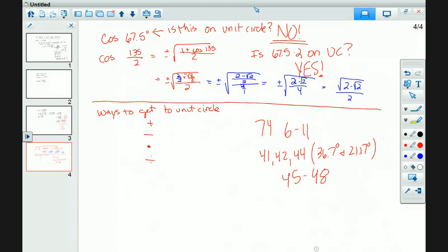So we don't want to change that fraction, right? So it's still going to be root 2 over 2. So this one doesn't get changed. Give me some feedback here. You okay with that?